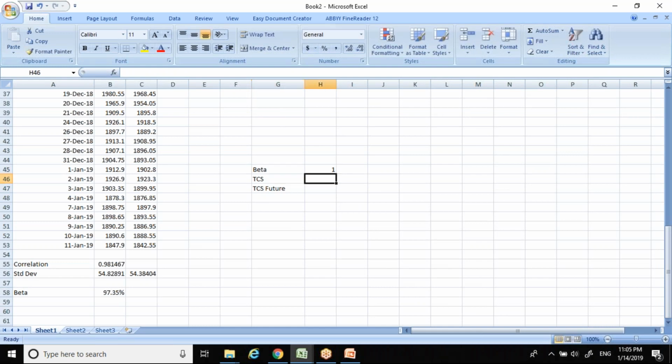Okay, so let's suppose you have futures worth, let's say the price is 1800, and you have 100 future lots, and one lot has 250 shares. So you have TCS shares worth the same price.